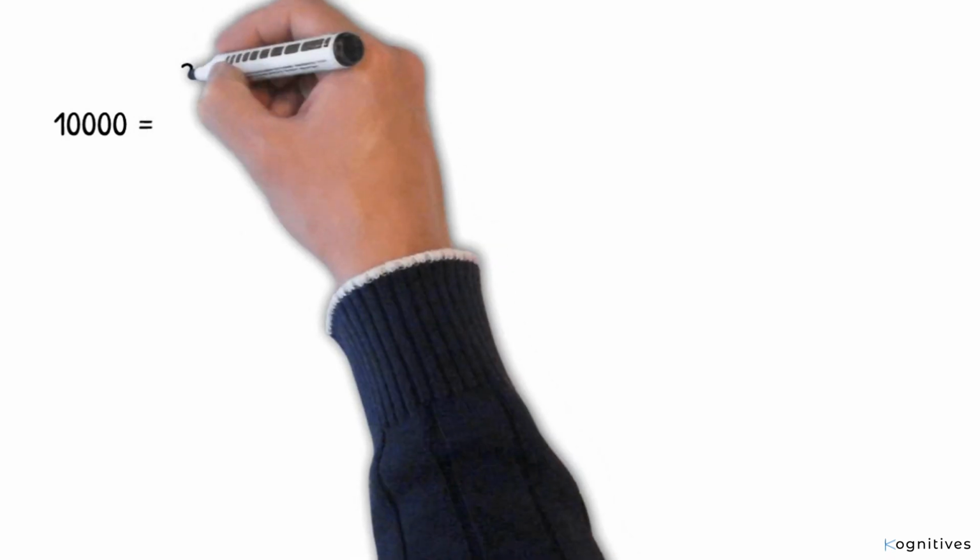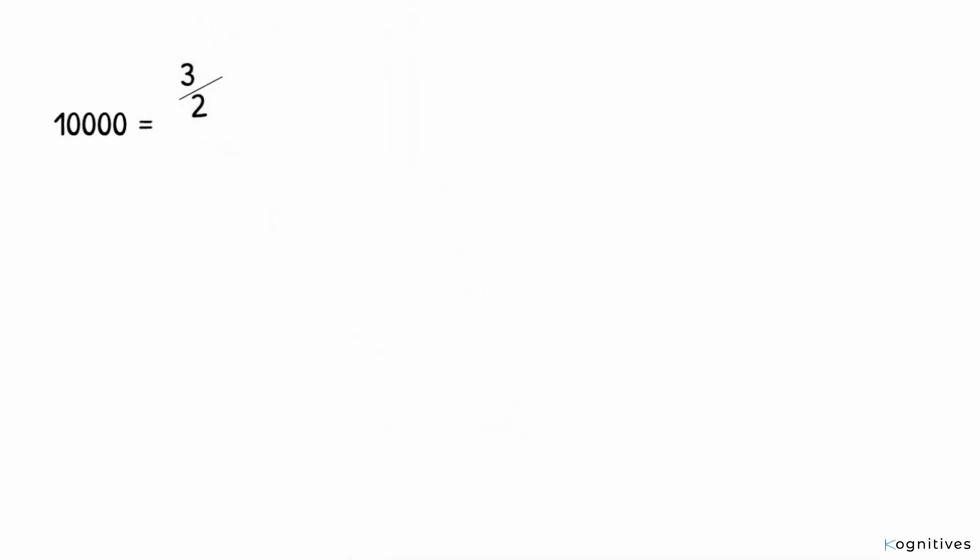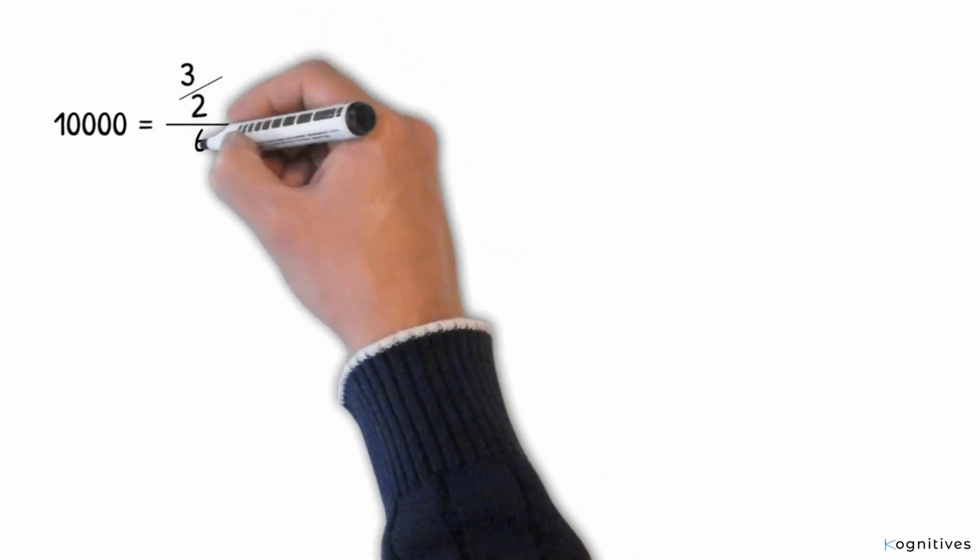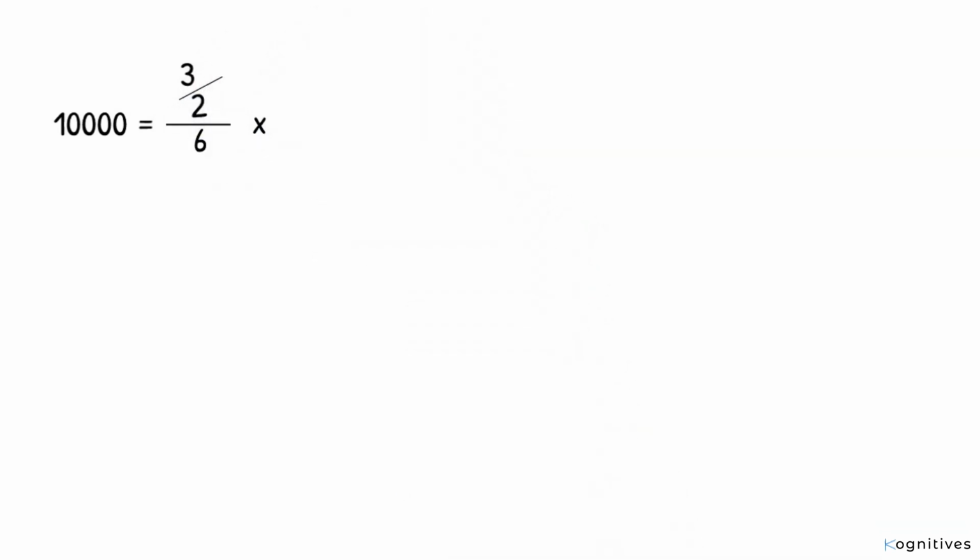Now, by substitution, this means 10,000 naira, which is Mike's share, 10,000 equals 3 over 2, which is Mike's ratio, all over sum of ratio, which is 6, times total amount, which is T.